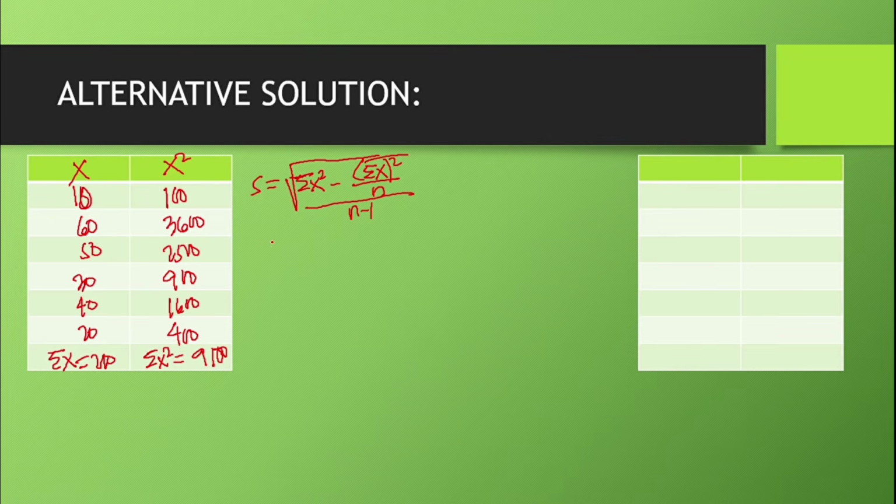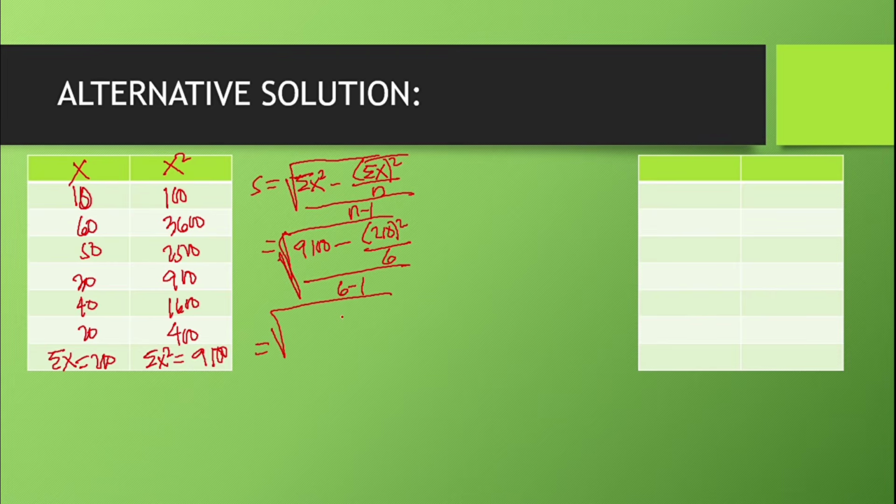And we're going to compute for this part. The summation of x squared is 9,100 minus 210 squared over 6, all over 6 minus 1.